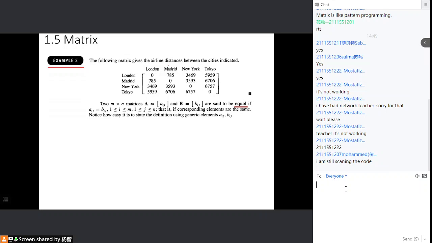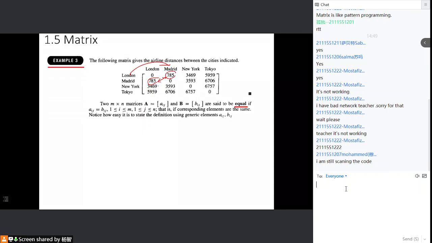So London to Madrid is 785 kilometers. But you can see they are the same, because the distance between London and Madrid, and Madrid to London, is the same.